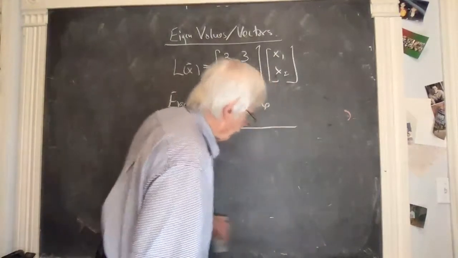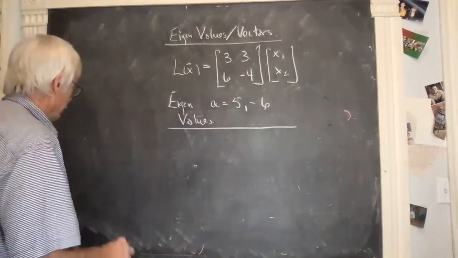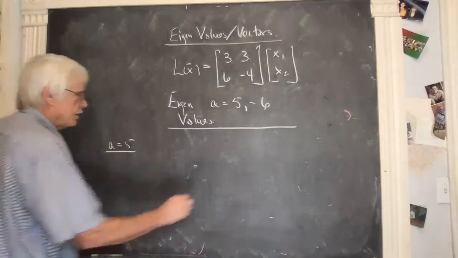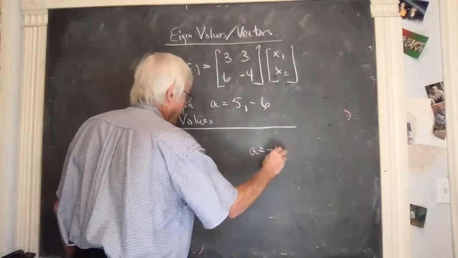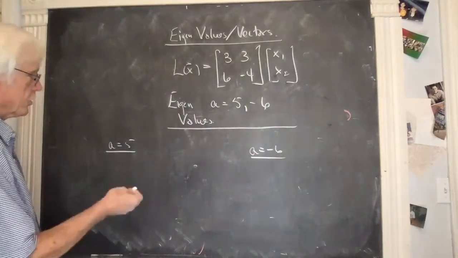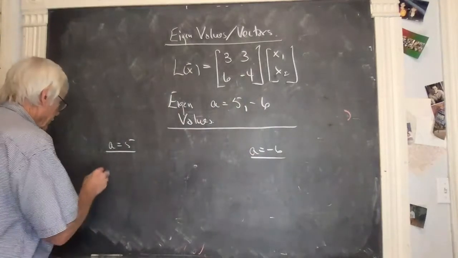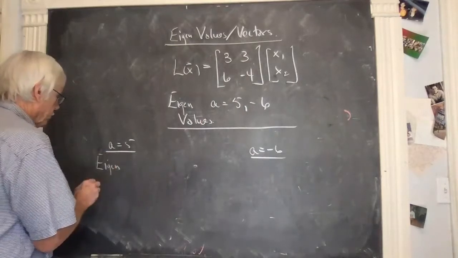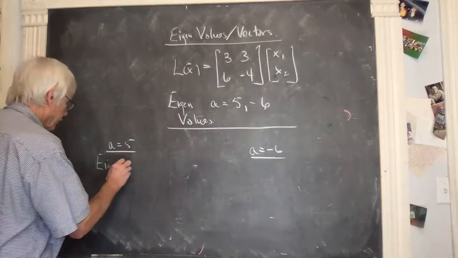Now the eigenvectors come in two varieties. A equals 5 and A equals -6. And the eigenvectors are the kernel. And so these are actually called eigenspaces because kernels are subspaces.